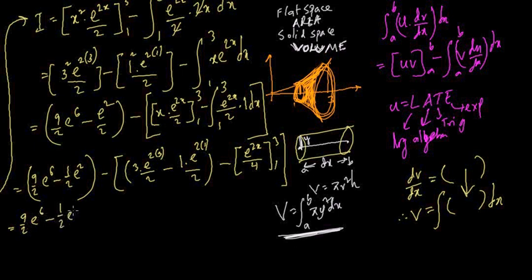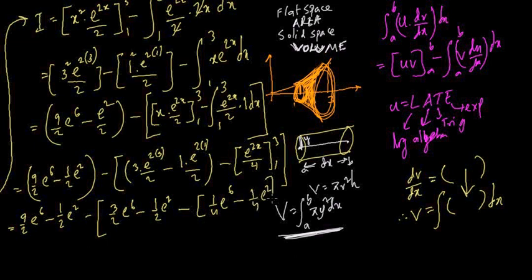Okay, so this is going to be 9 by 2 e to the power 6 minus 1 by 2 e to the power 2 minus, let me keep the bracket here, 3 by 2 e to the power 6 minus 1 by 2 e to the power 2 minus, now we need the bracket here, if I put 3 here, this would be 1 by 4 e to the power 2 times 3 is 6, then minus, if I put 1 here, 1 by 4 e to the power 2.